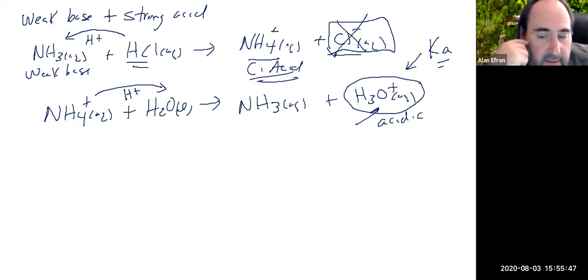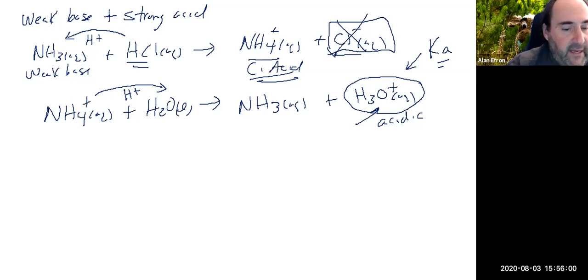That's why, as we talked about many times, it's really important to know how to properly write these reactions so that you can look on the product side and know, oh, I see H3O plus, or I see H plus, I should be using a Ka value. Or if I see OH minus on the product side, I should be using a Kb value in that particular case. So these are good ways, as we talked about, your equations can help you, your ice tables could help you as well.